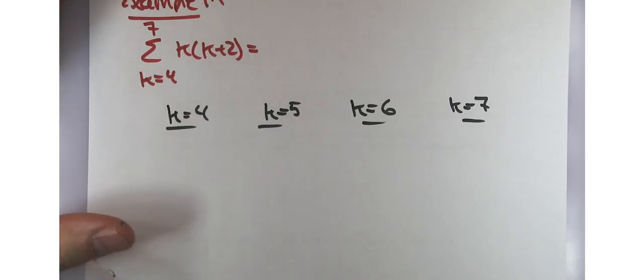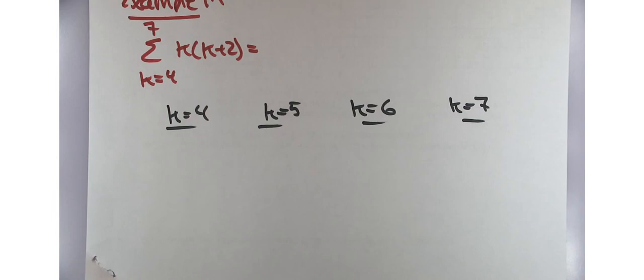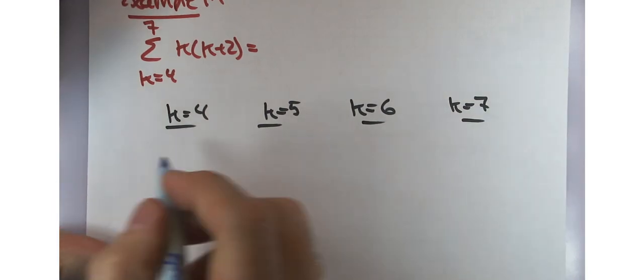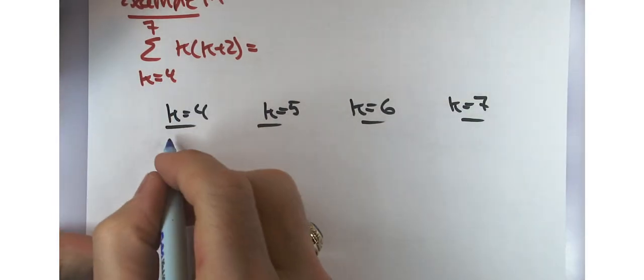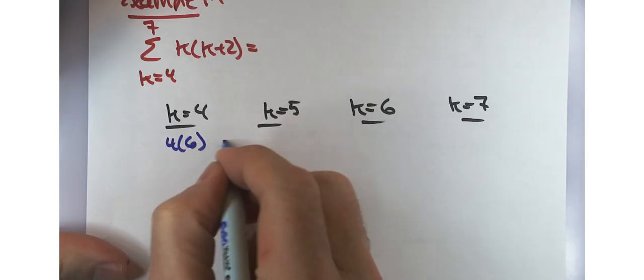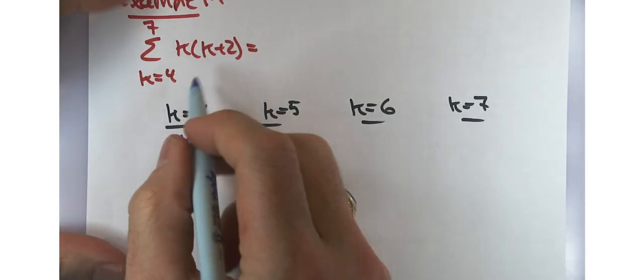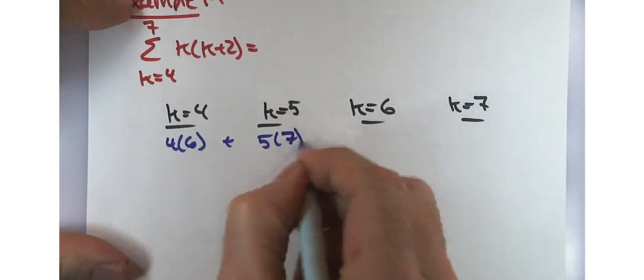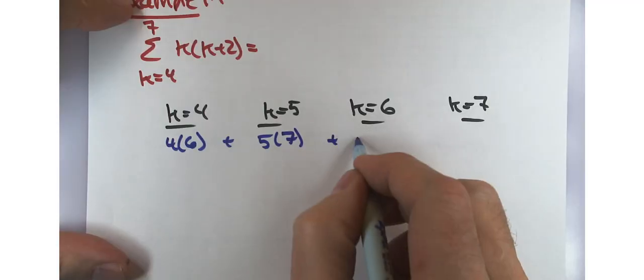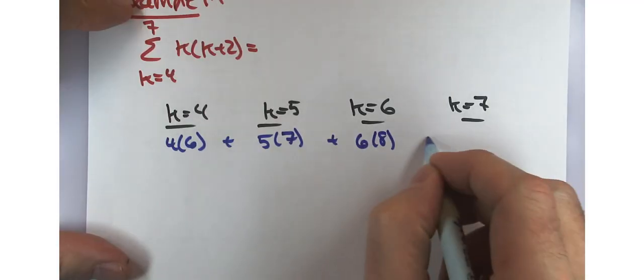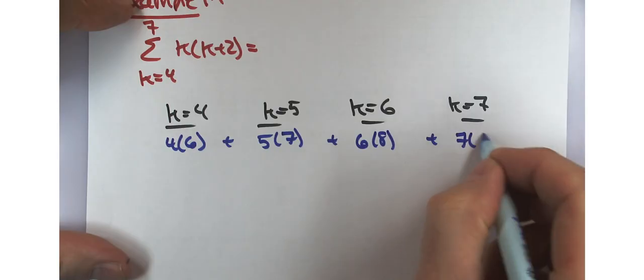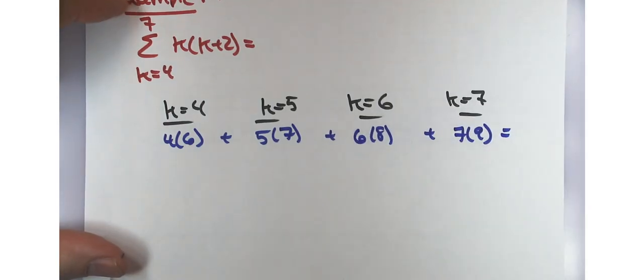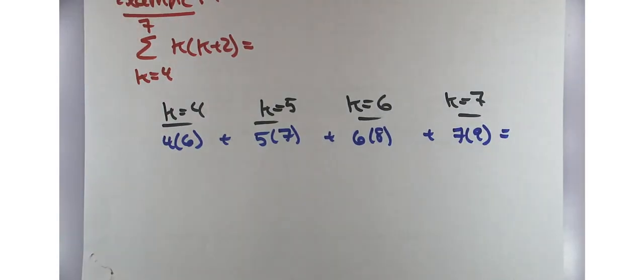All right, so let's plug in some numbers here. At k equal 4, you're going to get 4 times 6 plus 5 times 7 plus 6 times 8 plus 7 times 9. Are we okay with where we got those numbers?